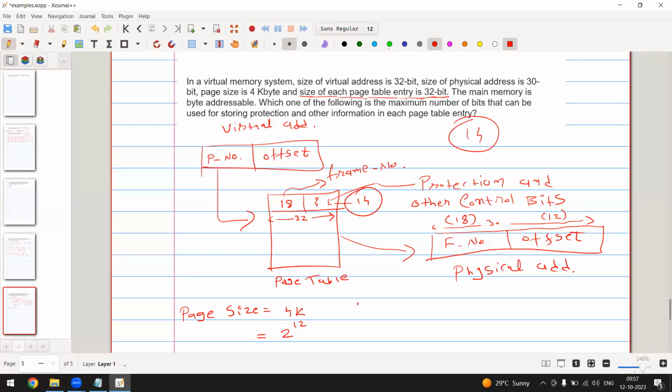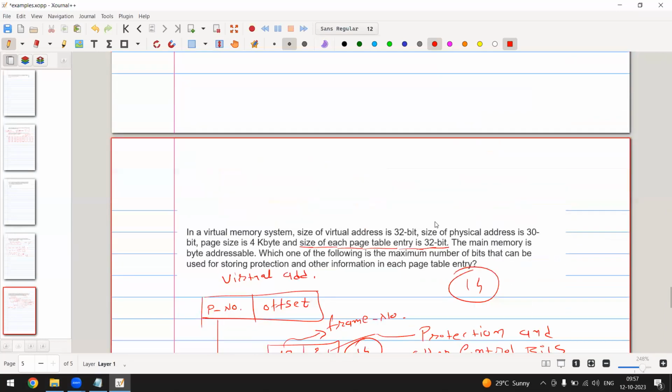And always remember that 1K is equal to 2 raised to 10. So when I say 4K, it is 2 raised to 12 bytes. So this is the third example which I want to discuss. Next.